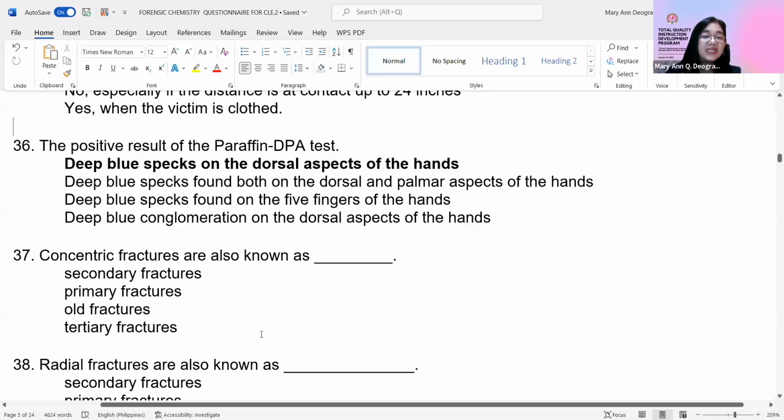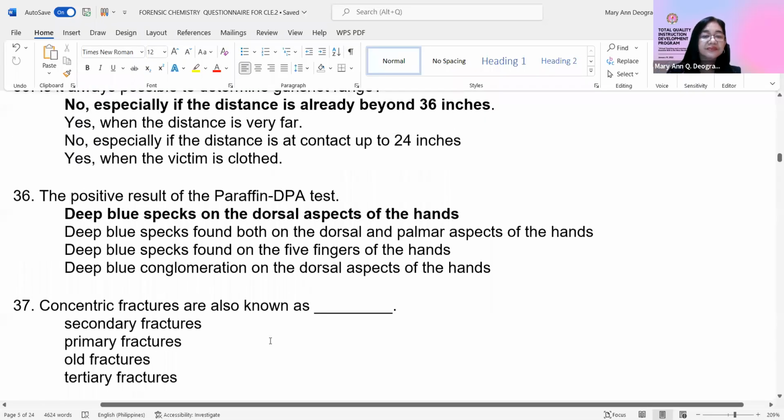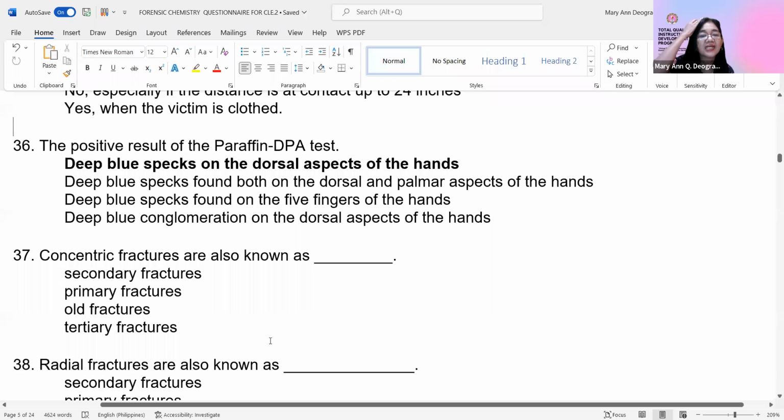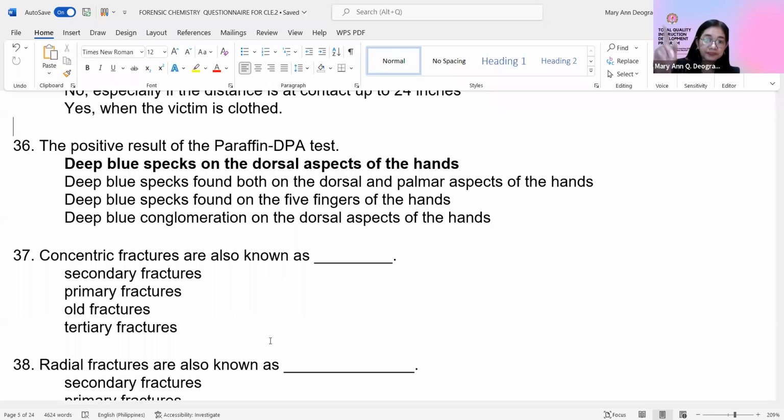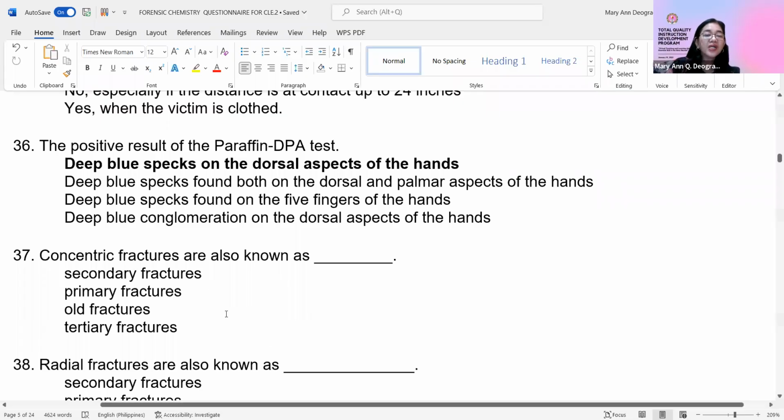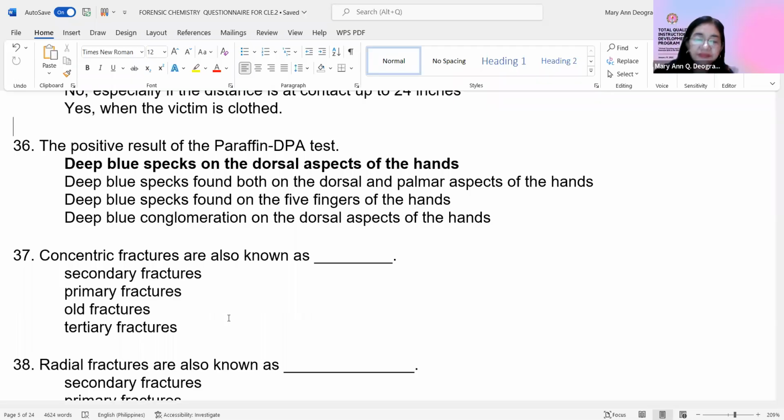How about the concentric cracks? So concentric cracks are also known as, ito yung, saan yung concentric cracks? Halimbawa, ito ay ating glass. Kunyari, ito glass natin.